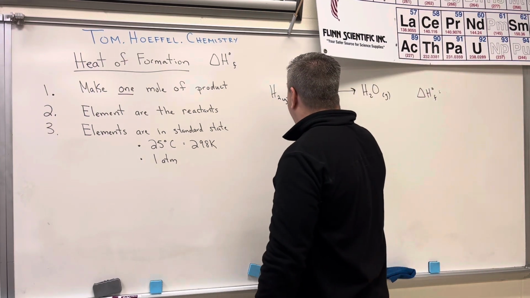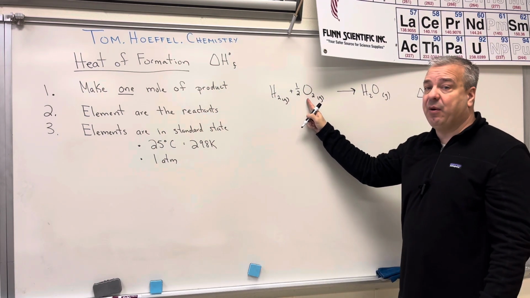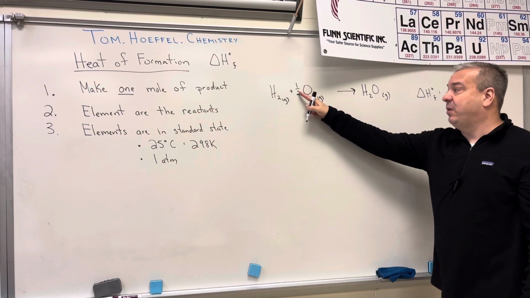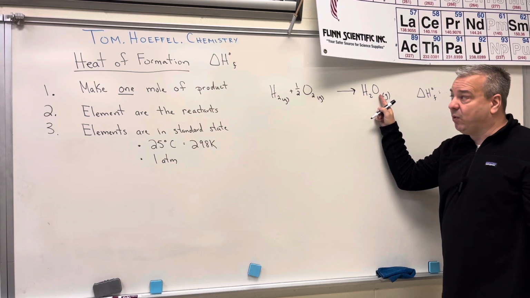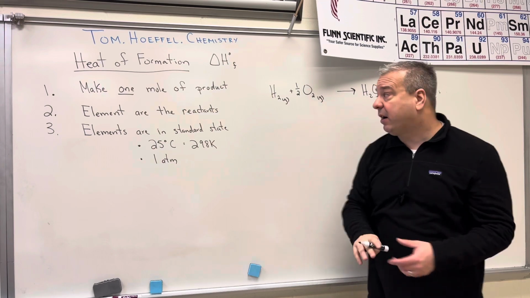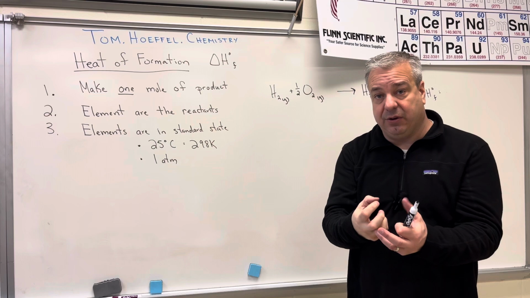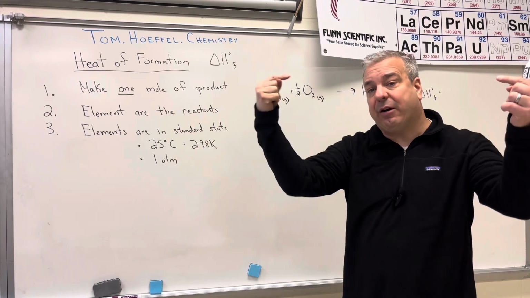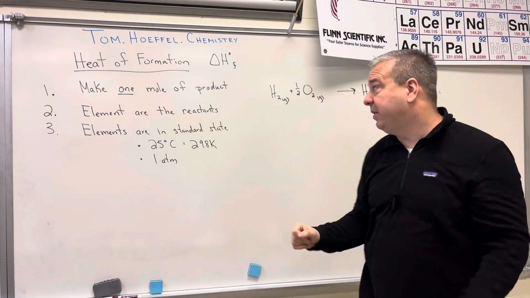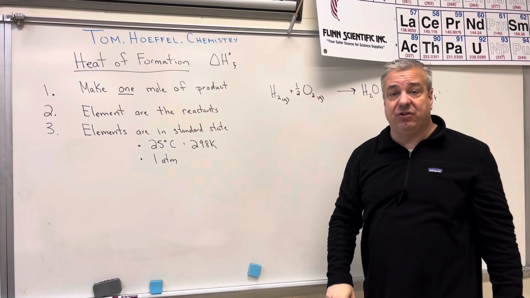So if I took 1/2 of an O2, that would be equal to 1 oxygen. Half of 2 is 1. On a microscopic level, this would never work because you can't have half of an oxygen molecule. However, on a macroscopic level, with big numbers, you can have a half mole of oxygen molecules.